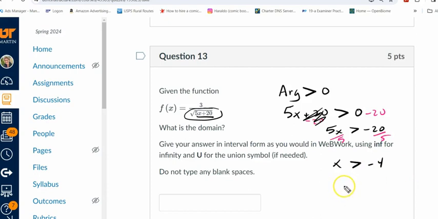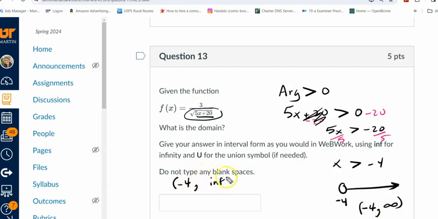And on the number line, we would start at, but not include, negative 4, and then everything to the right of it. So in interval notation, reading this off from left to right, I'm starting at but not including negative 4, and then continuing forever. So over here, I need to write negative 4, but instead of the infinity symbol, which I don't have on my keyboard, I'm going to write INF.